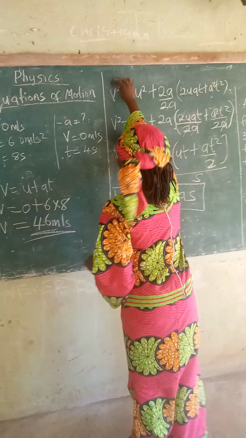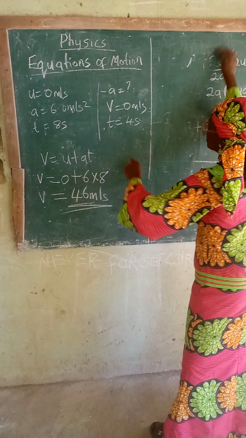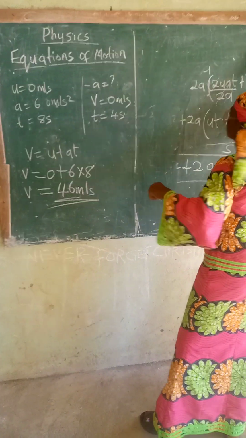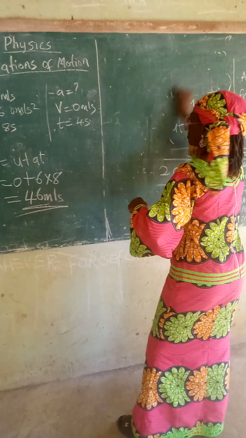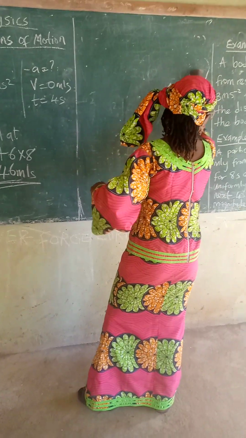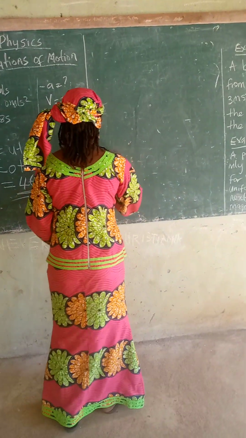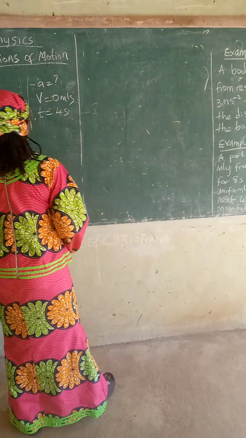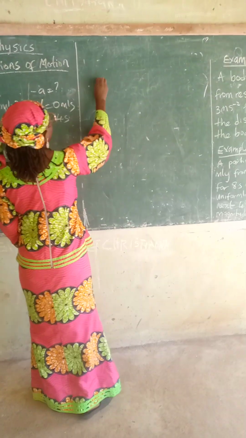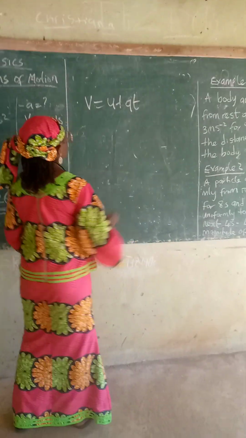So we have gotten our final velocity, and we can use it to solve this problem. So v is equal to u plus at.